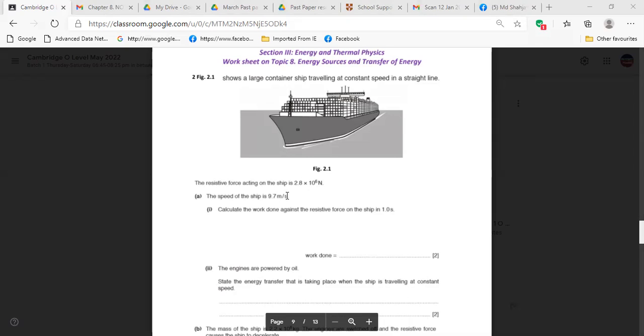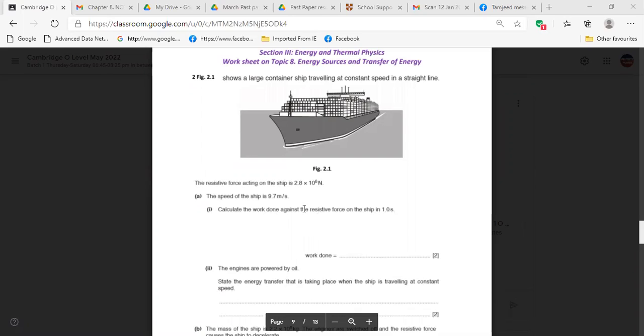So in 1 second, the distance moved is 9.7 meter. So we have force into distance moved in 1 second. If we multiply force and distance moved, then we are getting work done in 1 second. Is it clear? Yes, sir. Understood.